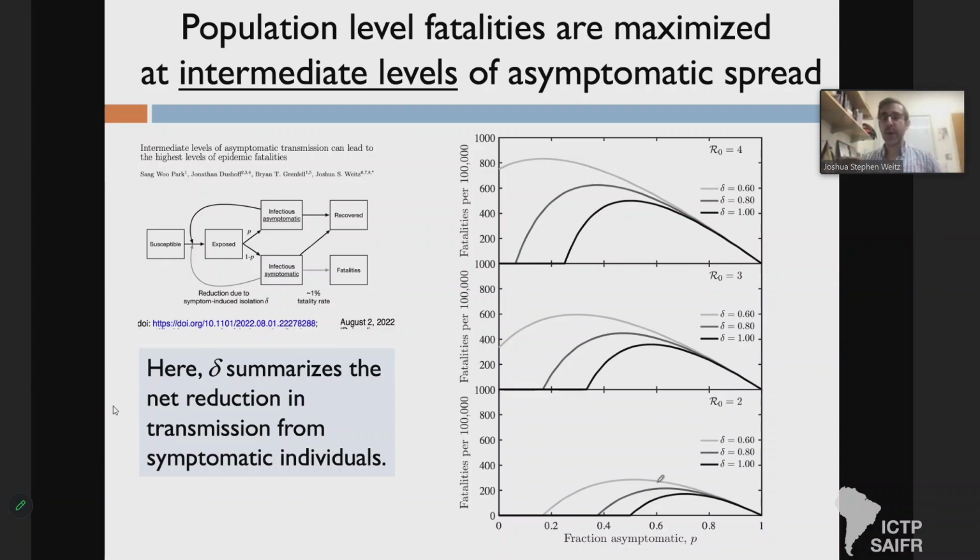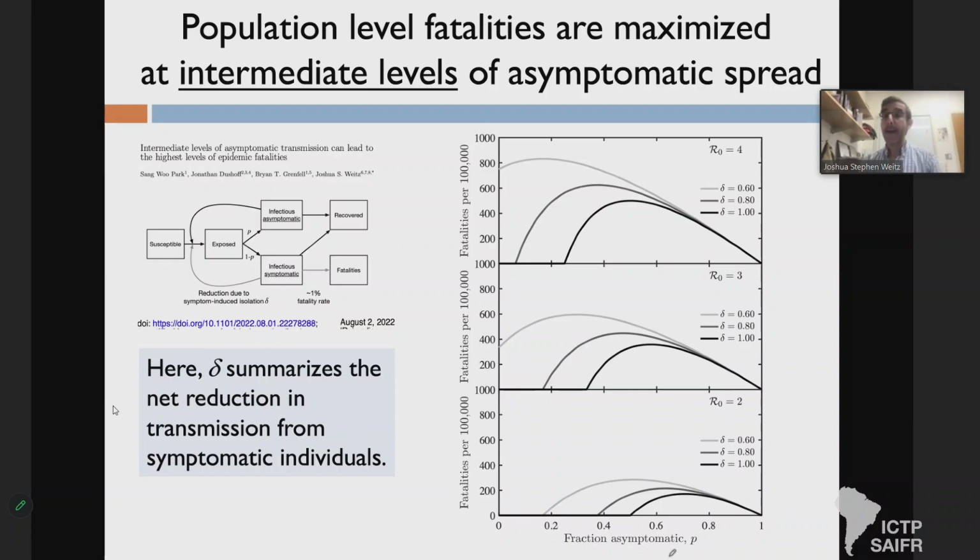Let me distinguish the individual level severity from the population level severity. The y-axis is in some sense the population level severity, the fatalities per 100,000 individuals. In a disease for which, if everyone had been infected, and here I'm using a 1% fatality rate, and everyone had a symptomatic case, there would be 1,000 fatalities per 100,000 individuals.